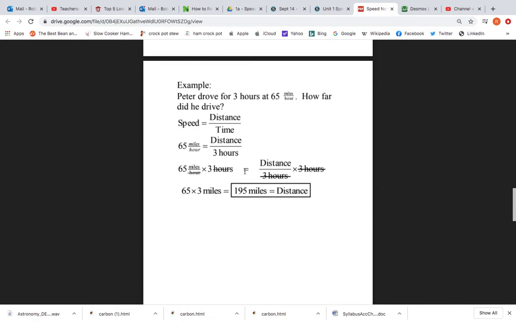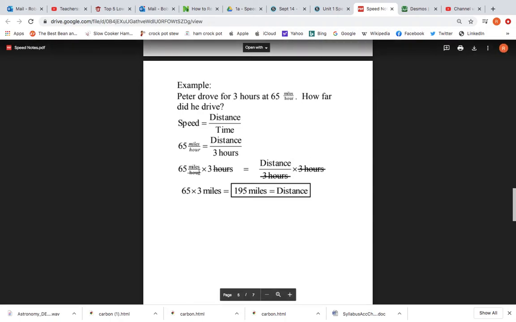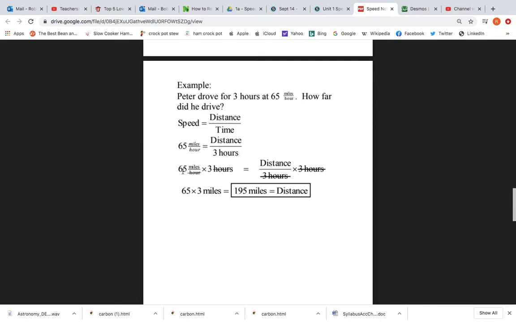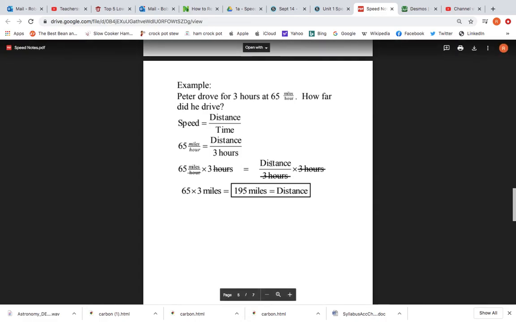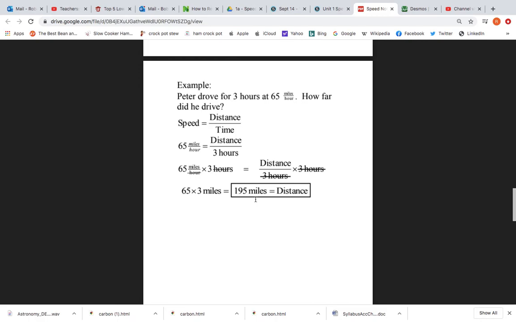Again, you're trying to isolate distance by itself, so you multiply by 3 hours on both sides because you were dividing by 3 hours. Hours cancel out, and you get 65 times 3. Okay, that is your equation. Your speed times your time gives you your distance. In this case, it would be 195 miles.